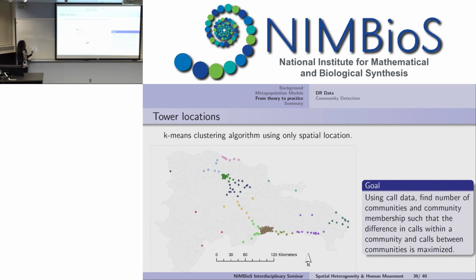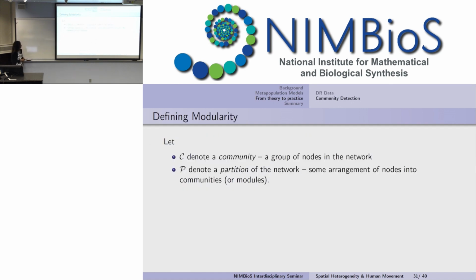But now we want to use some other way. We want to use the call data itself to see if there's any additional structure in the data beyond just the geographic structure. So we used a method from social network theory called modularity. The idea here is we're going to denote communities by C, which is just a group of nodes or towers in the network. P denotes a partition of the network, or some arrangement of those towers into communities or modules.